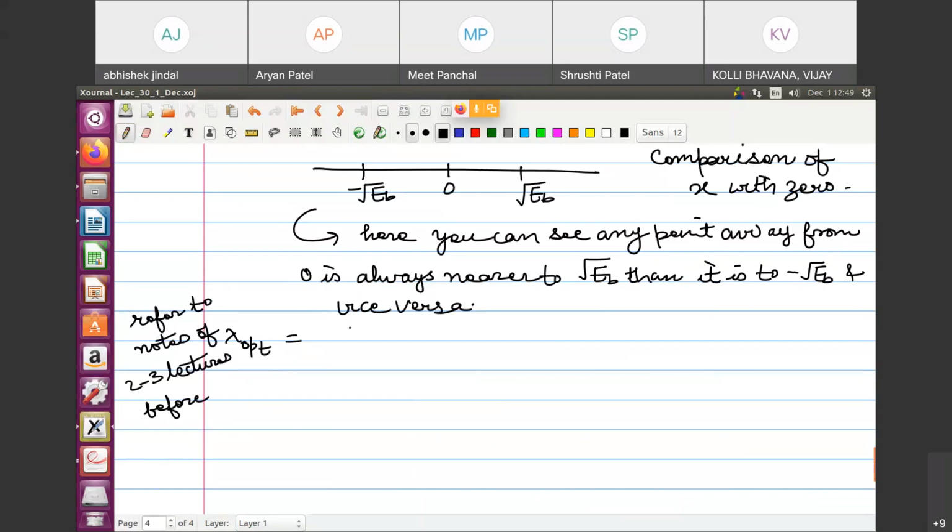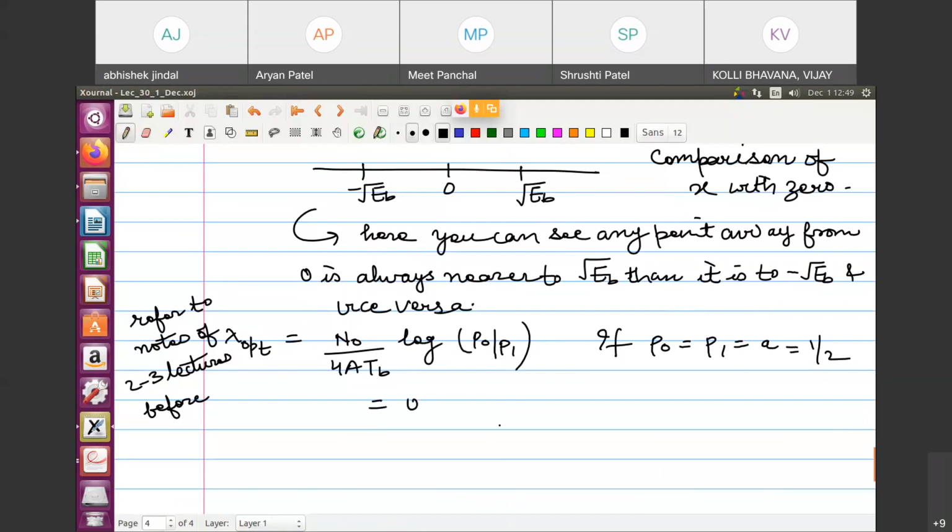So lambda opt was N naught by 4 root EB log of p naught by p1. So we said that if p naught and p1 are equal to some value a, and the sum has to be 1, then they have to be 1 by 2. So this a is always equal to 1 by 2. This has to be, if at all there are only 2 possibilities. So this leads to 0.